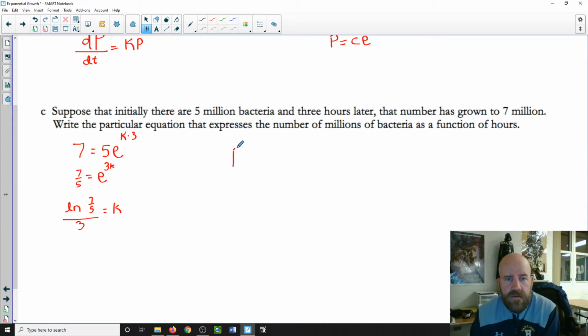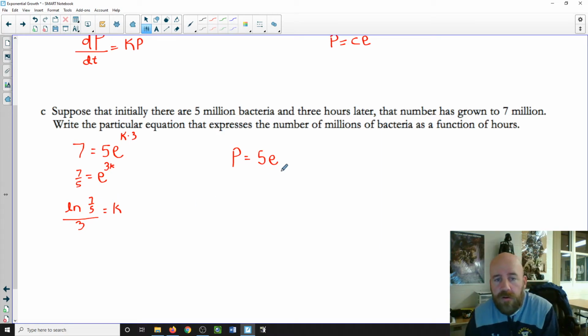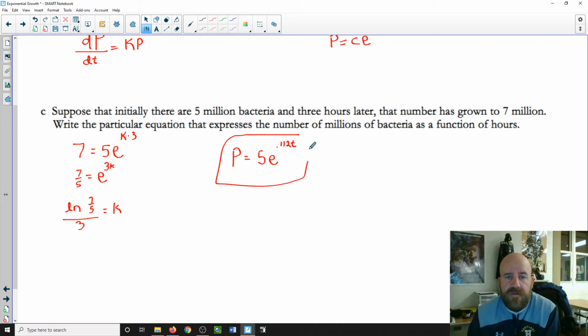We get P equals, we know our C is 5, e to the k. You can write out this exact answer, so when we use it later we're going to get a more accurate answer, or you can just use the decimal version, which I believe is 0.112 t. So this is our equation. That would be the answer for part C.